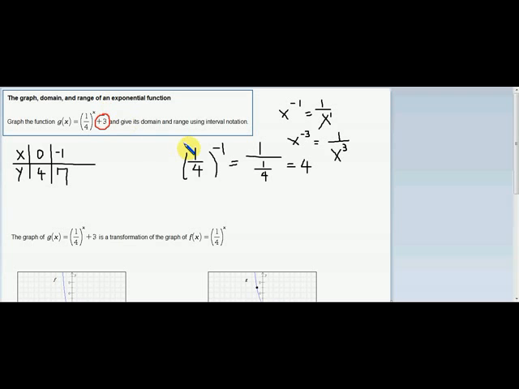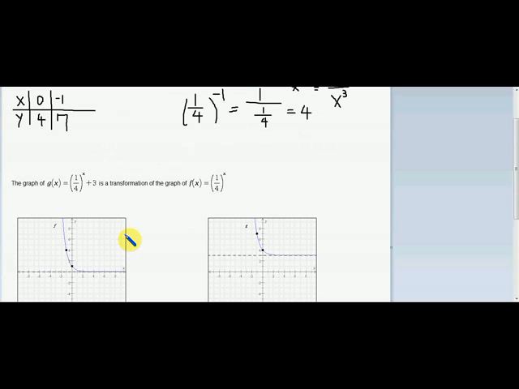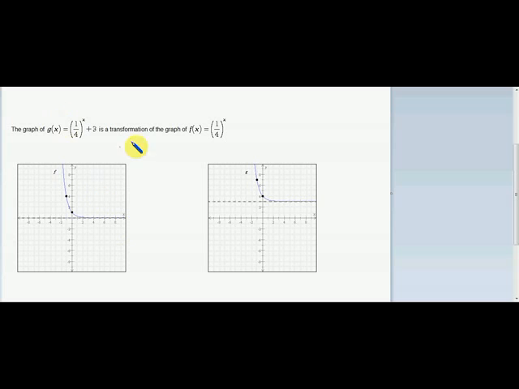So basically, let's compare. This means that the asymptote is either going to go up or down depending on the number behind it. To figure out where the asymptote is, let's look at these two graphs. This is the original function.